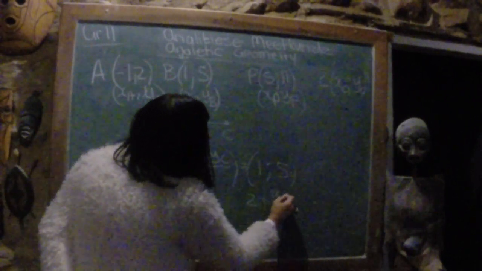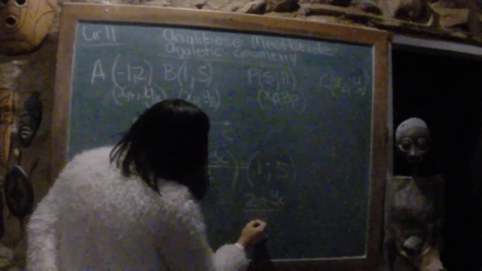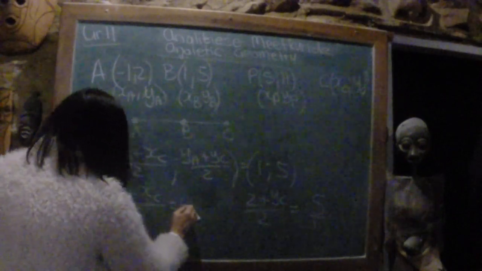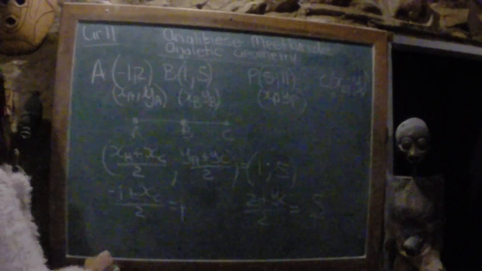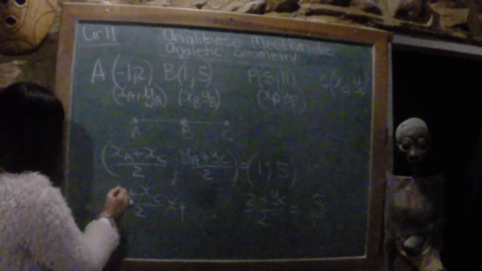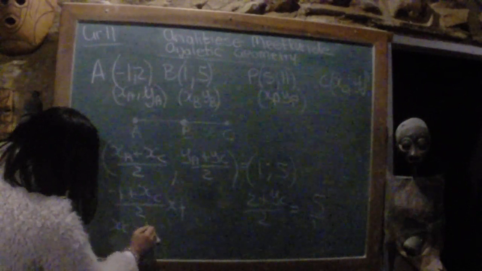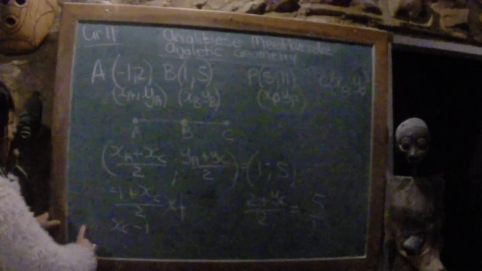Plus YC, and that's the unknown, divided by 2, is going to give me 5. Now we put both sides on fractions, because we're going to cross multiply. 1 maal dit gee vir my XC minus 1. Reg, ek het dit net omgedraai.